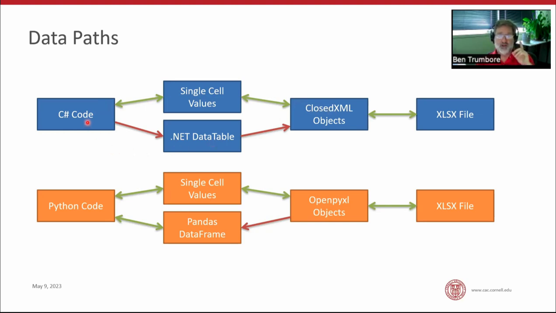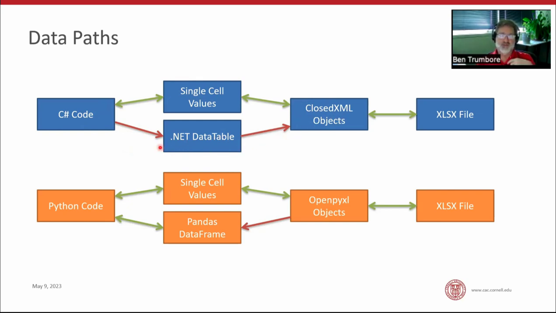This ClosedXML package also provides the ability to take a DataTable object, which is from Microsoft's .NET. It's a class that they've defined that stores a table's worth of data. You can just pass in a table object, and it will get put into ClosedXML and saved to the file.